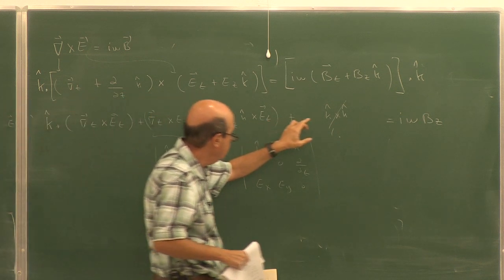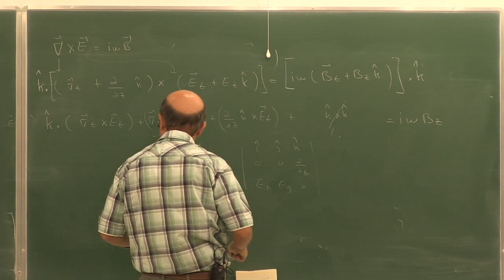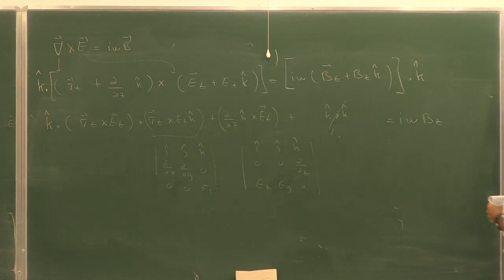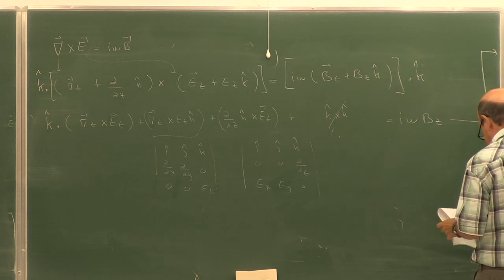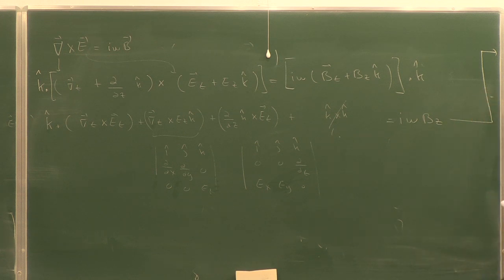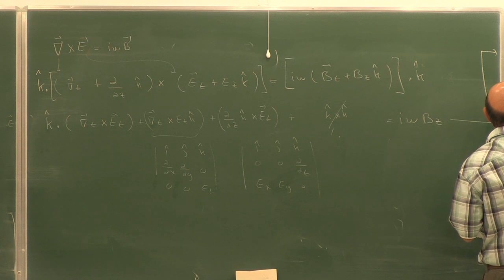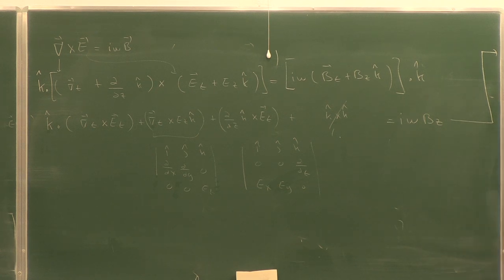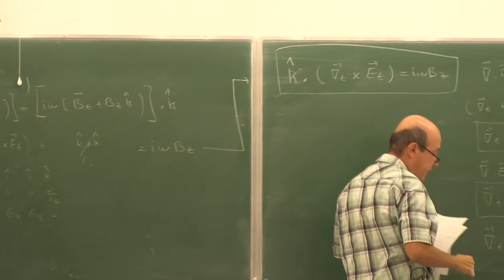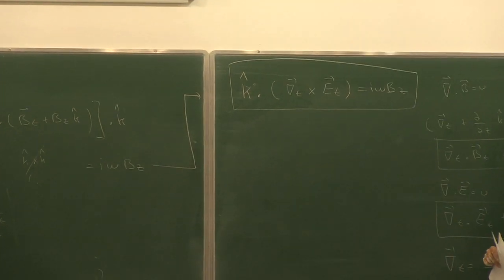So these two will not contribute, and what I obtain is k dot curl of the transverse of E transverse equal to I omega Bz. This is the form of the Faraday equation in the longitudinal direction.